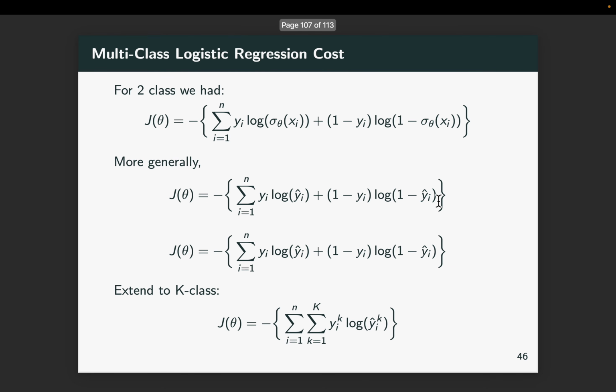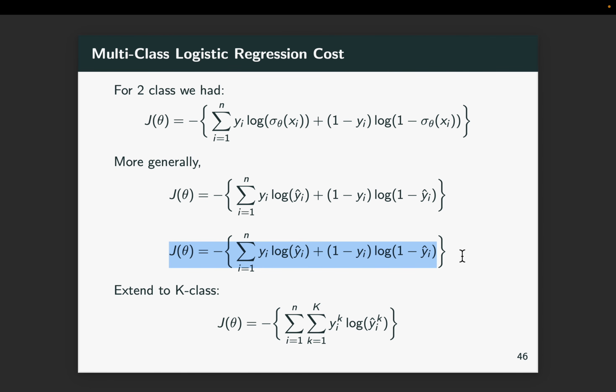If we generalize this to the k classes, we can simply write this as summation over the n examples and then summation over the k classes of yi k log of yi hat k, where k is the kth class. You can work this out and show that for the two class problem, it's the same as the cost function that we've been using, the binary cross entropy loss.